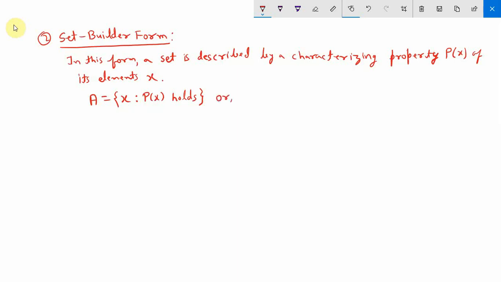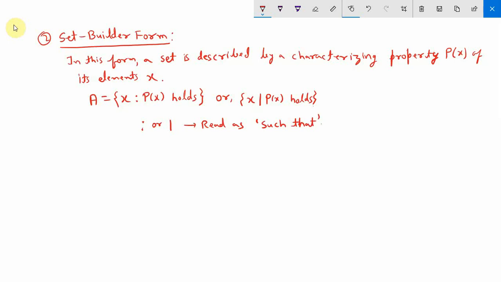Or even this is indicated as x, a straight line, p(x). The colon or straight line is read as such that.